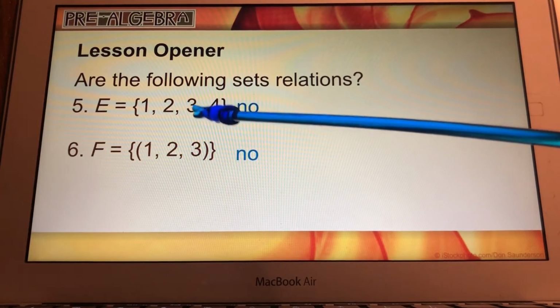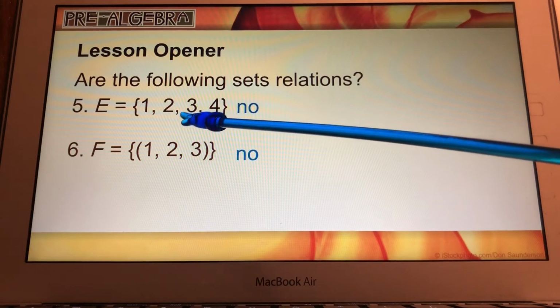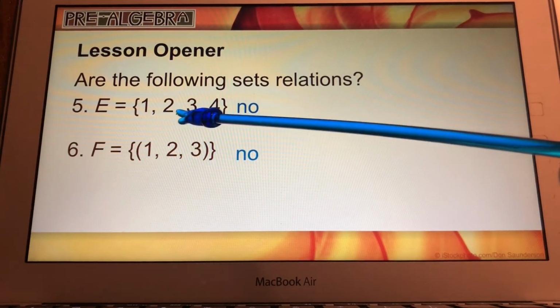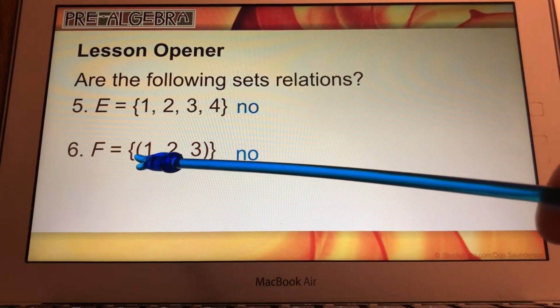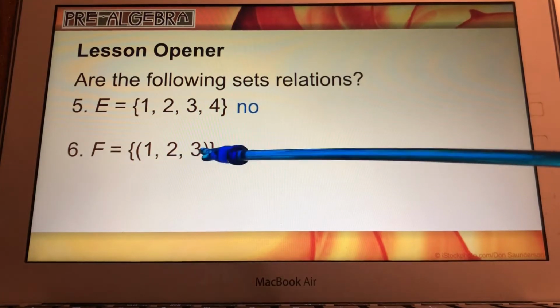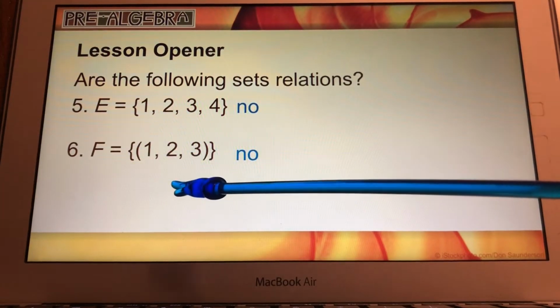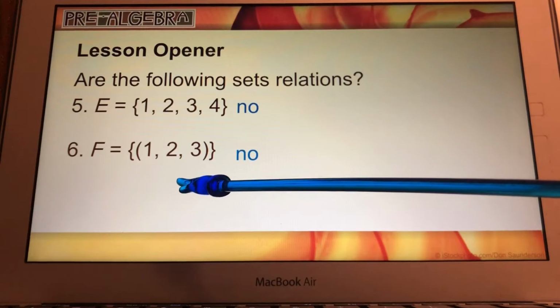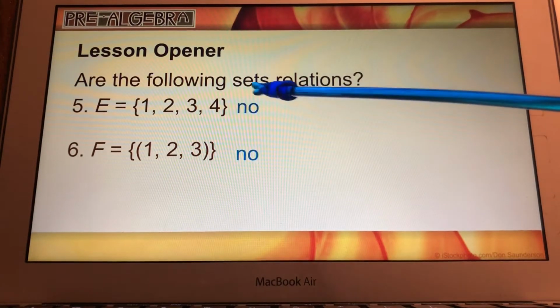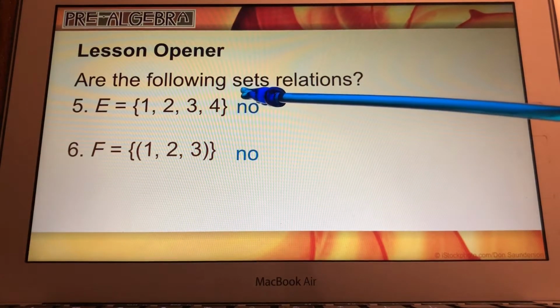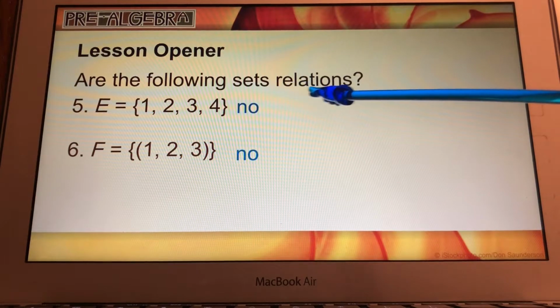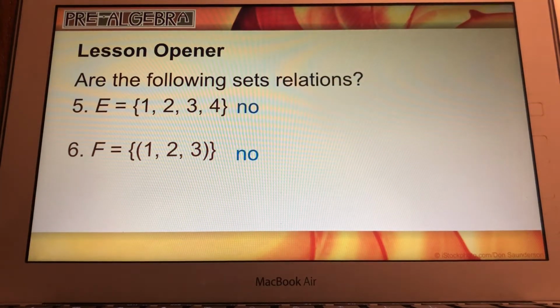They're pairs of numbers. Okay, so these here are just listing numbers, 1, 2, 3, 4, or relation F here, 1, 2, and 3. Those are just listing numbers. They're not giving us coordinates. Sets of relations have to give you an x and a y, or a domain and a range, to give us coordinates.